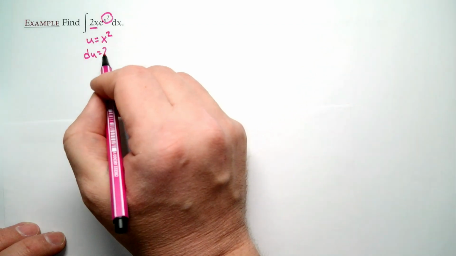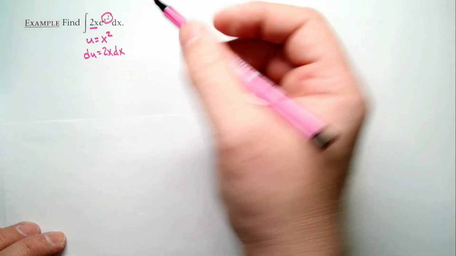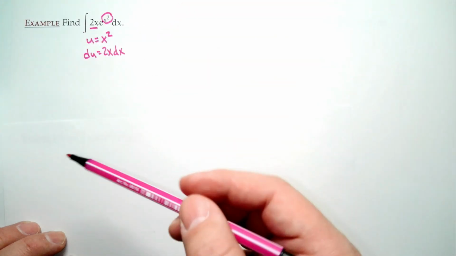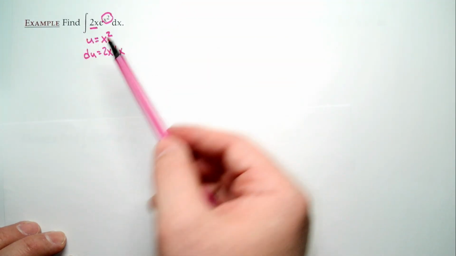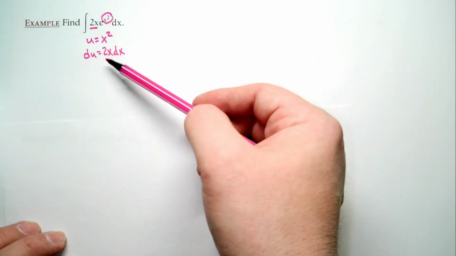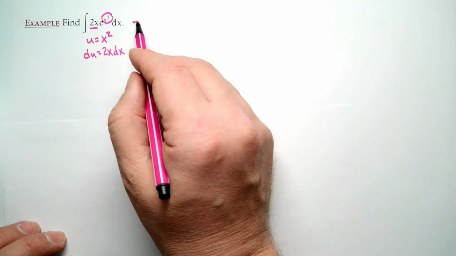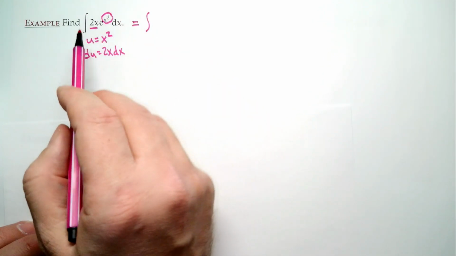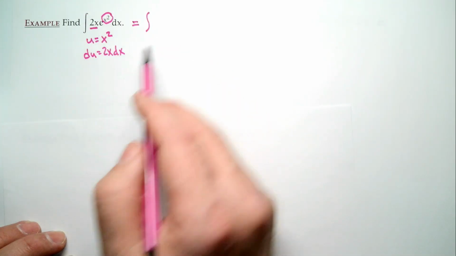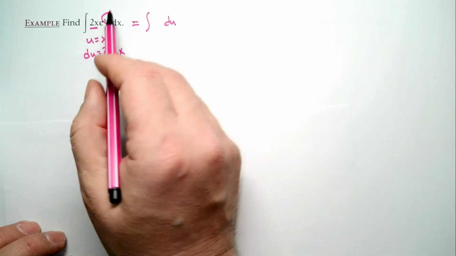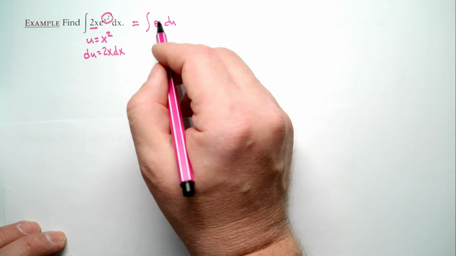Du will become 2x dx. So again, you just take the derivative of both sides and use the d notation, this differential notation. So change in u, take the derivative of this side, derivative of x squared is 2x times change in x. So when we make the change, the 2x times dx becomes du, and the e to the x squared becomes e to the u.